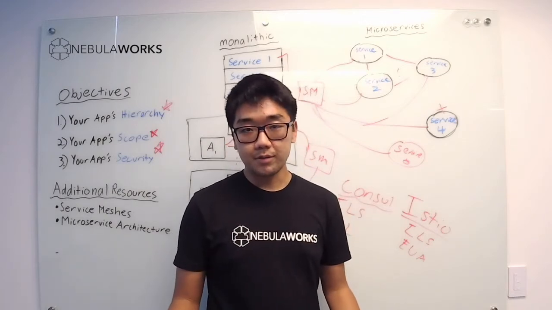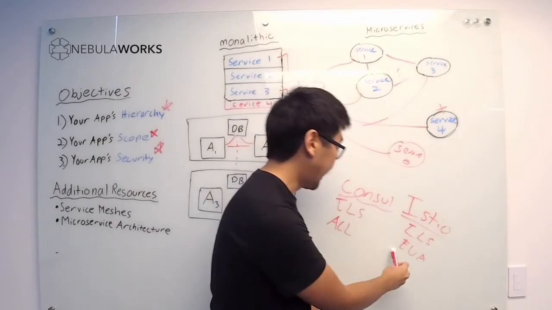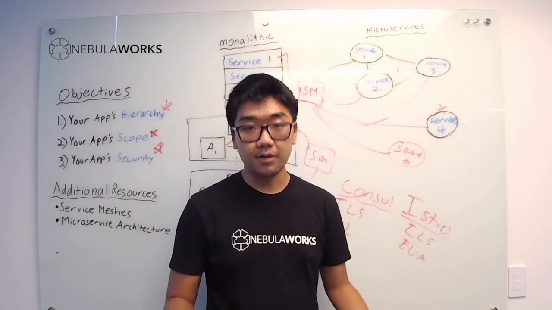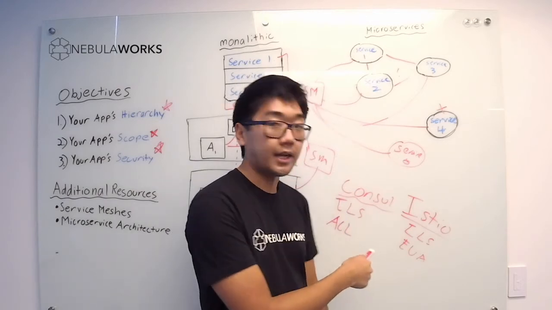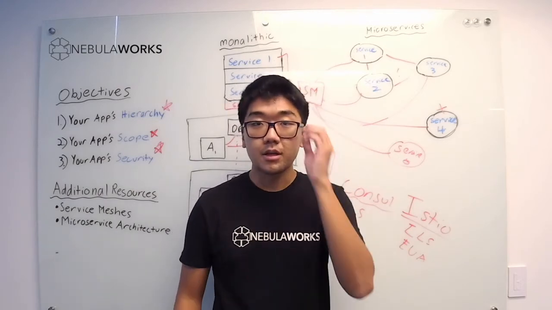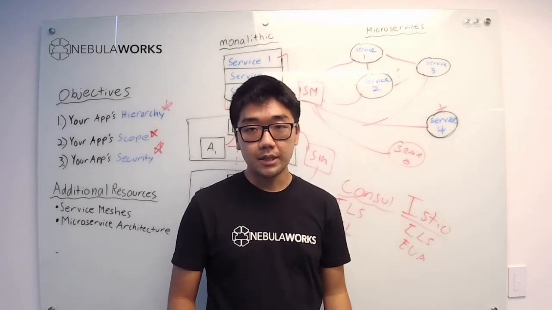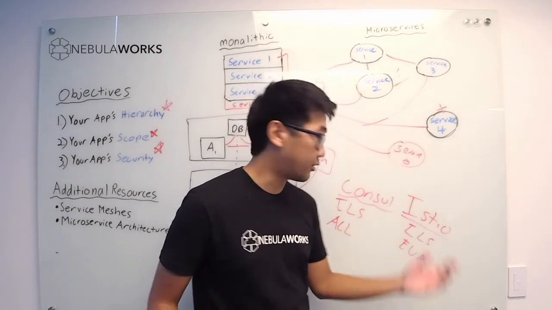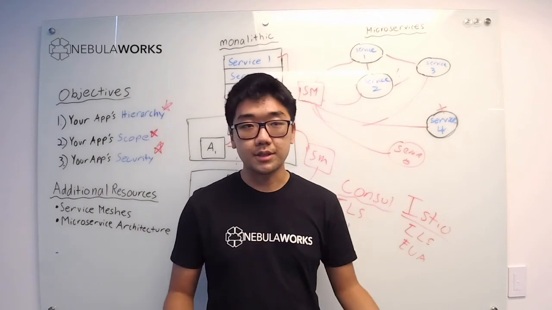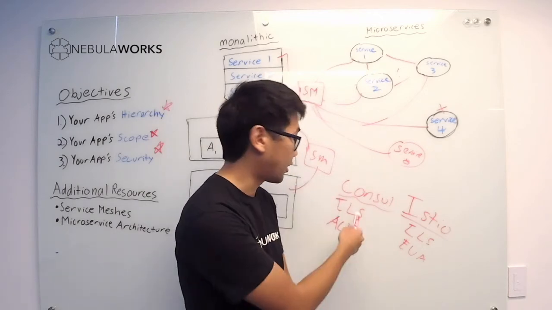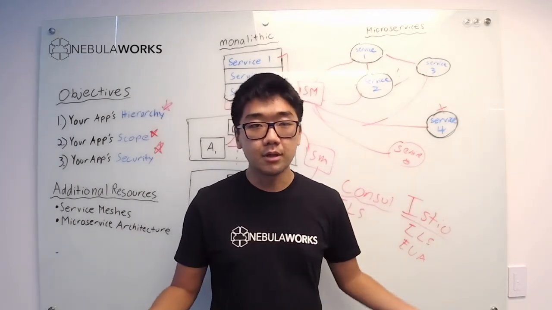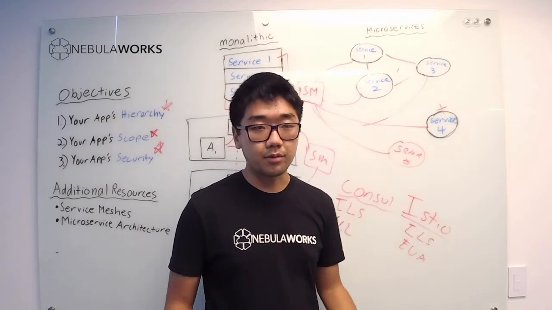While it shares some similarities with Consul, end user authentication is very different in terms of how you use it and how you set it up as opposed to access control lists. Istio was also built with Kubernetes as the cluster's orchestration in mind, as opposed to Consul, which doesn't necessarily need to be in a Kubernetes cluster in order to work.